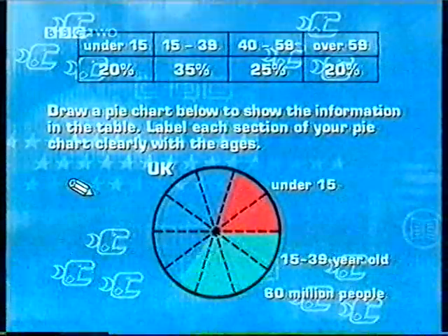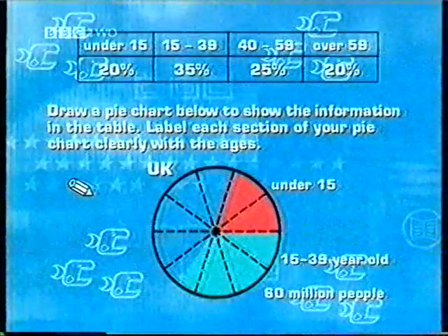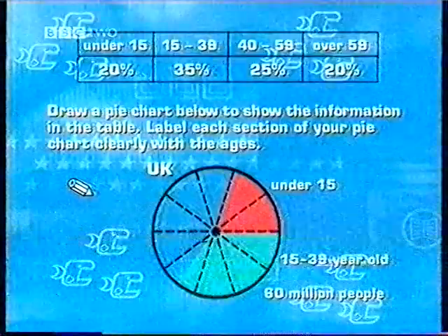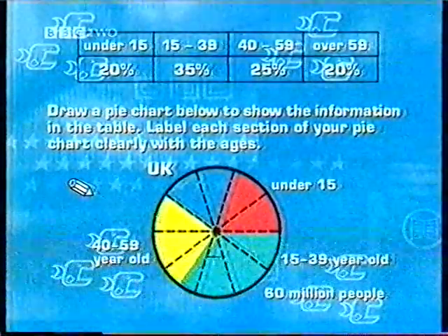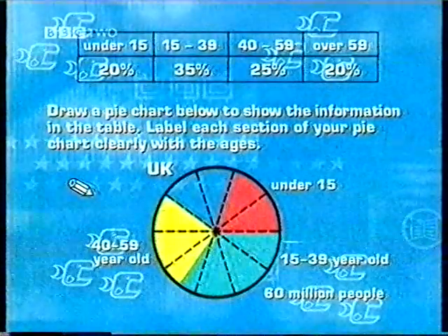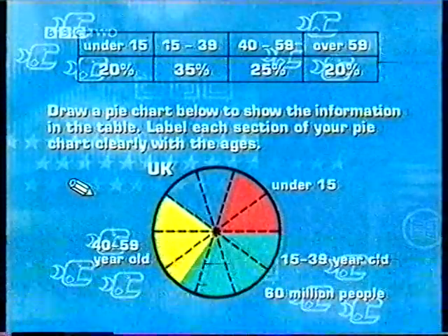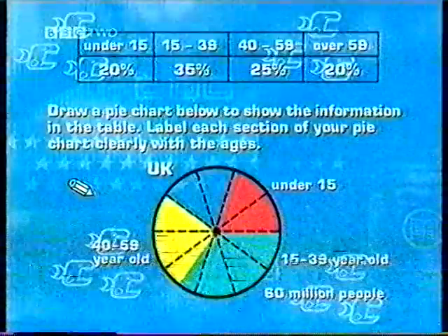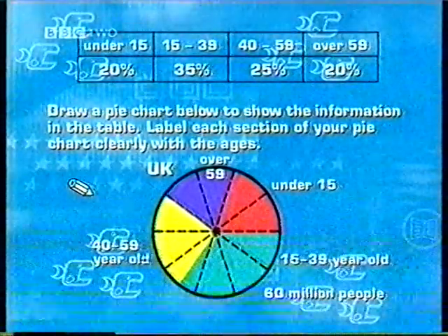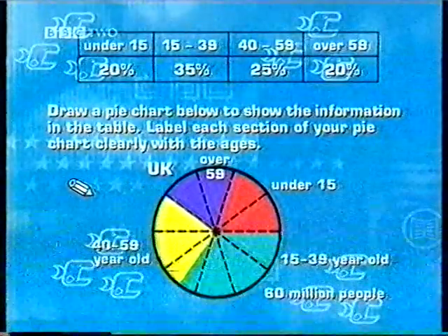Next, the table tells us that 25% of the people in the UK are 40 to 59-year-olds. So that's 10%, 20% and another half a sector for the 25% that are 40 to 59-year-olds. And these final two sectors represent the 20% that are over 59 years old.